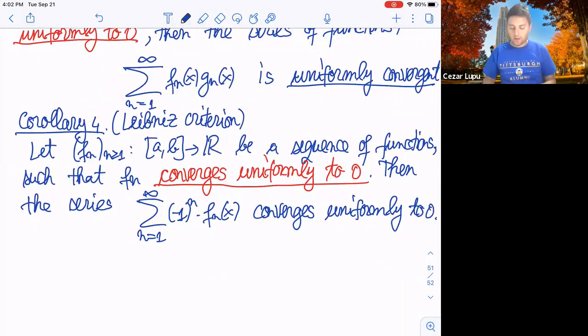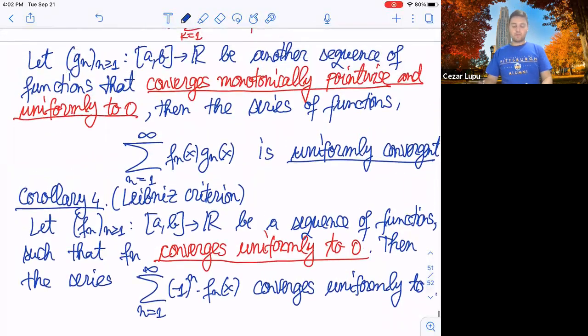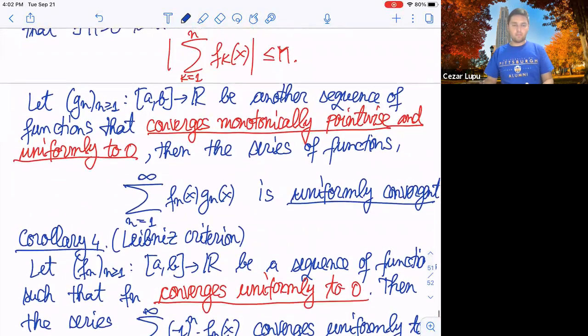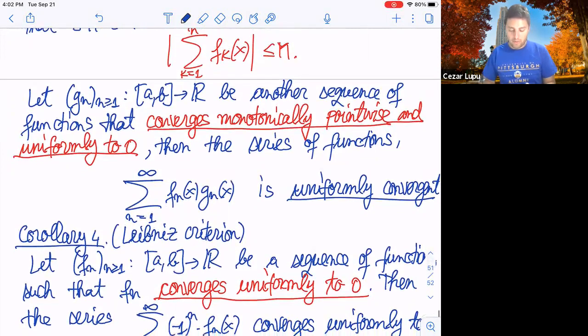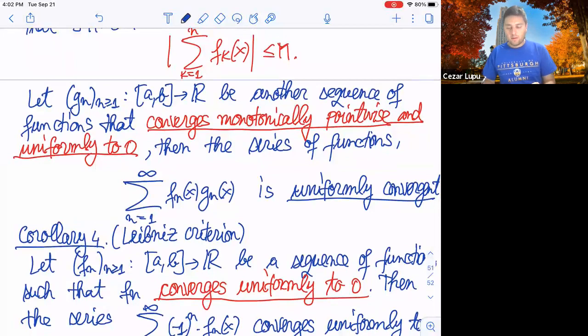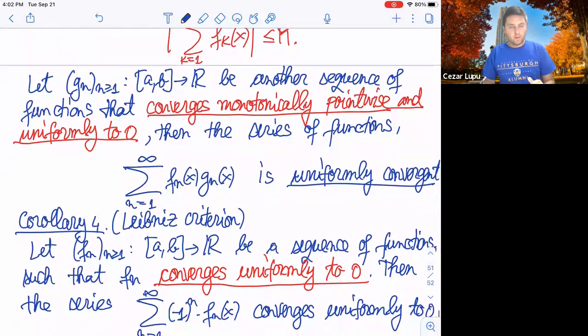Of course, this is just an application of the Abel-Dirichlet theorem, so it follows immediately. You just take Gn to be negative one to the power n, the alternating constant, and that's it.